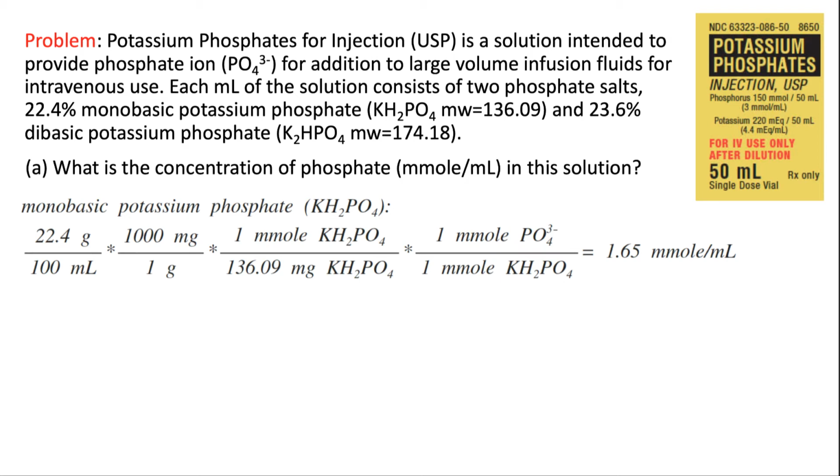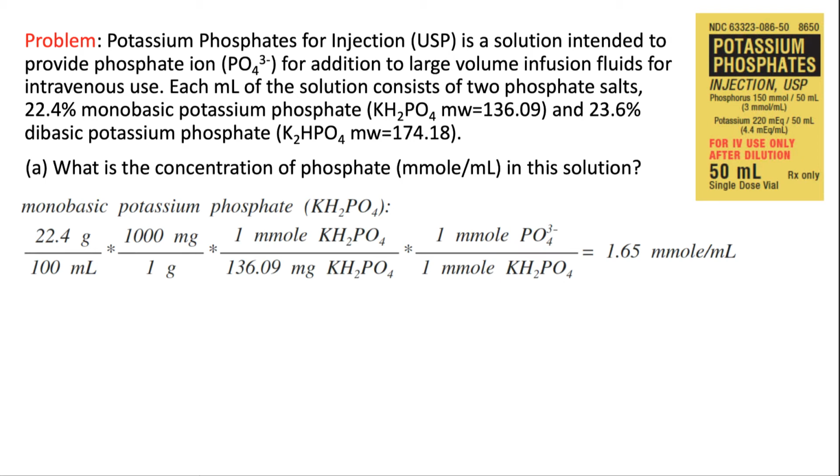Now we can convert that to the number of molecules of monobasic potassium phosphate by multiplying by the fact that every 1 millimole of monobasic potassium phosphate would have a weight of 136.09 milligrams, since that is its molecular weight. Milligrams cancel, and now this is where I'm going to refocus on the structure here. We're now in millimoles of the parent molecule, which is KH2PO4. Okay?